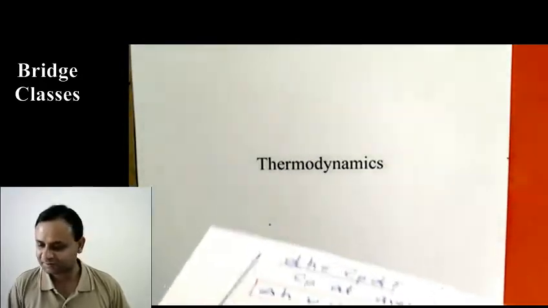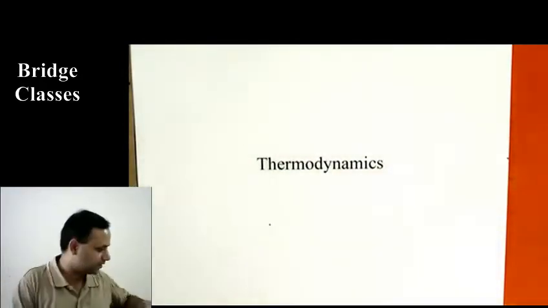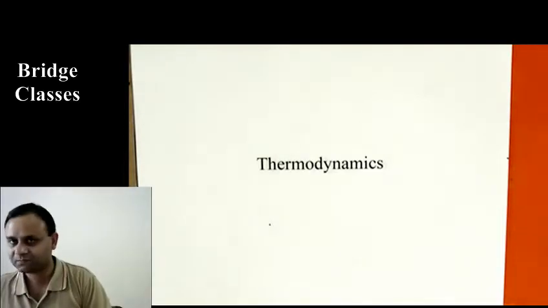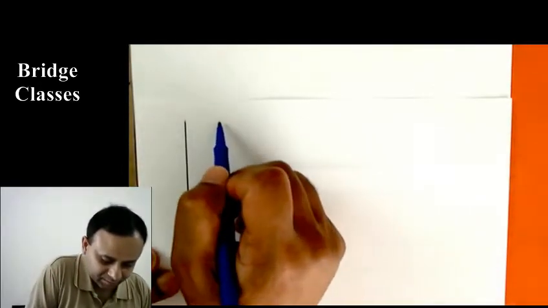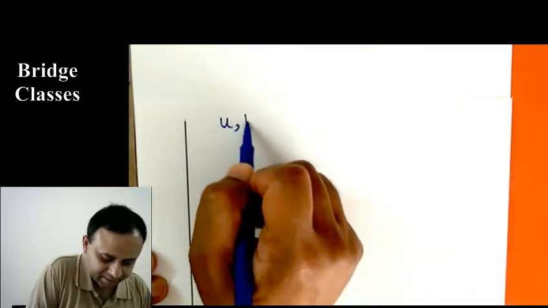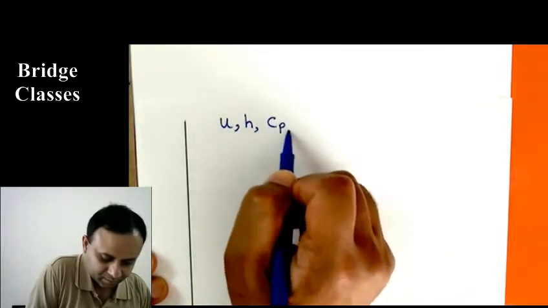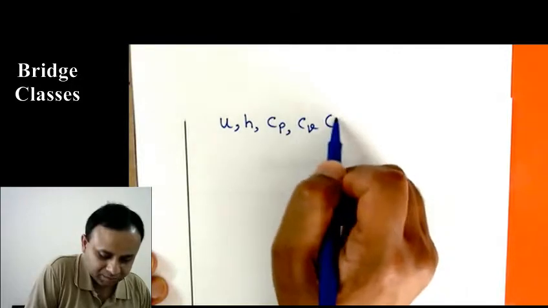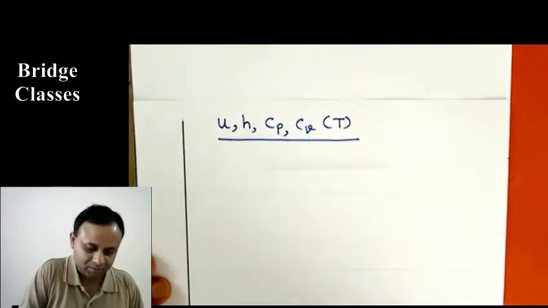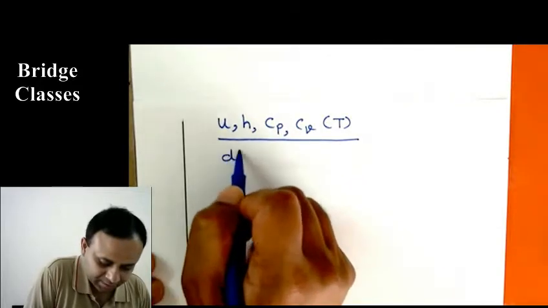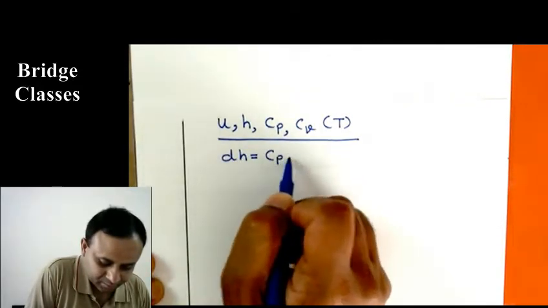So let me summarize these results for ideal gases, and these we must remember. Internal energy, enthalpy, Cp, and Cv are all functions of temperature only, for an ideal gas. Further, you get dH is Cp dT.